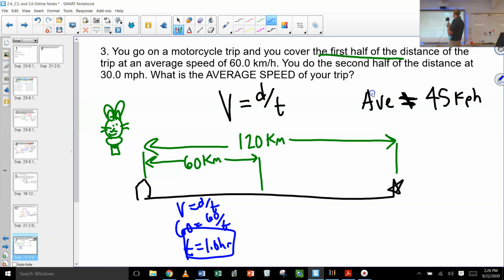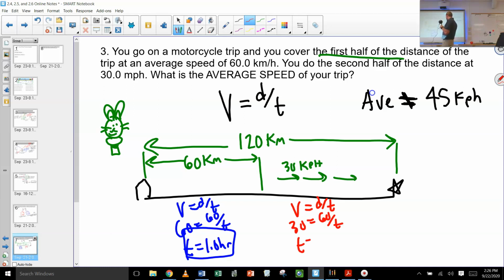Now you did 30 kilometers per hour. So on this second part, you did 30 kilometers per hour. So, using that equation, my velocity is 30, my distance is 60, my time, the time it took me here is 2 hours.